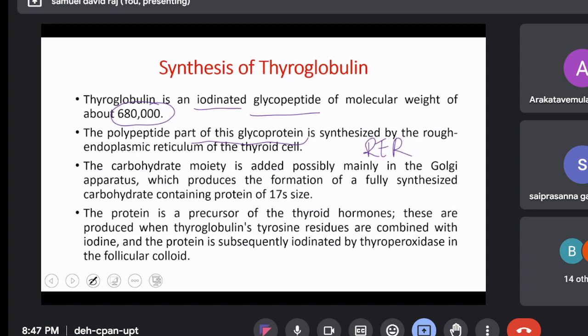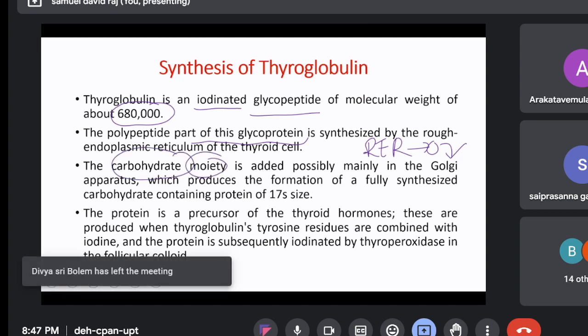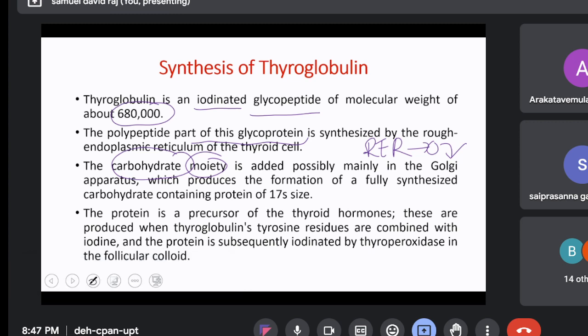After that, from the RER, vesicles arise and go into the Golgi, where the carbohydrate moiety is added. Thus, a fully functional thyroglobulin, which acts as the precursor with a number of tyrosine residues, is synthesized.